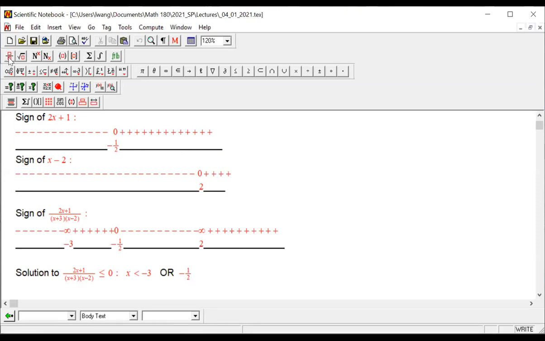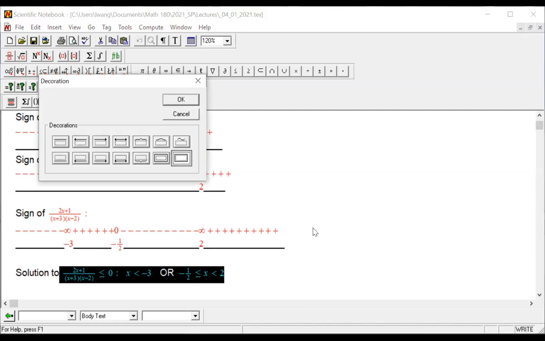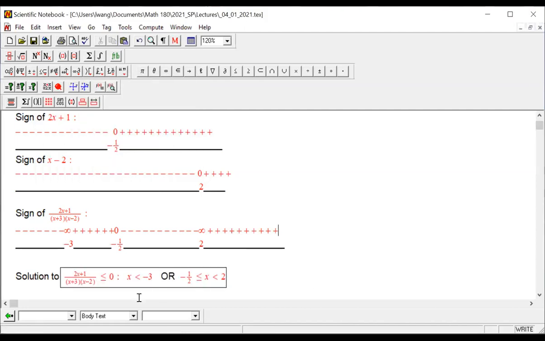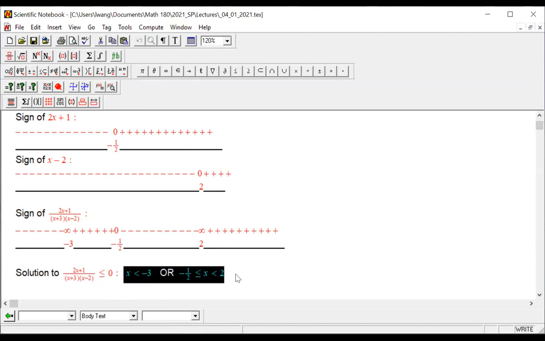Does it include -0.5? Yeah, it makes 0, right? Less than 2. That's the solution.